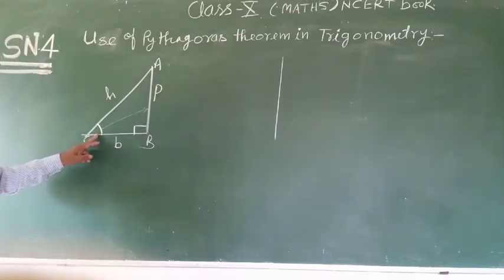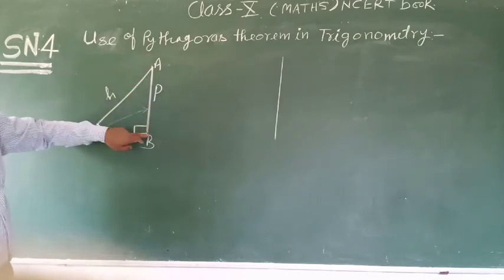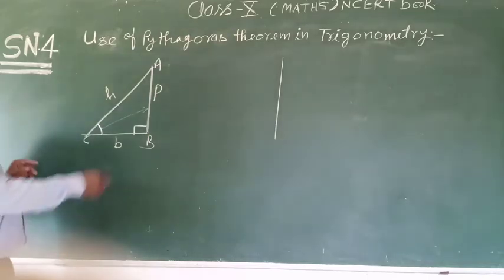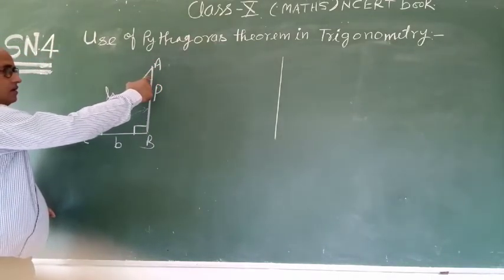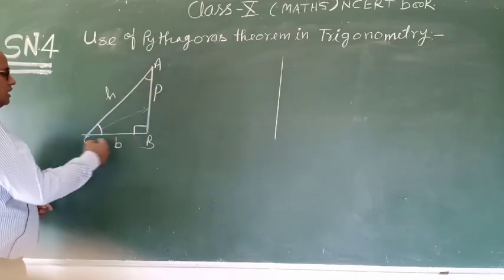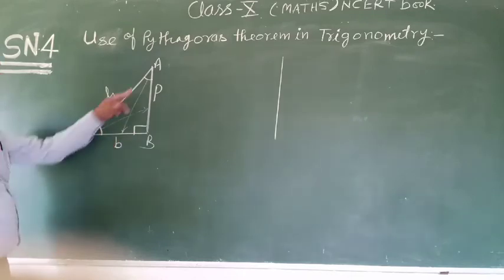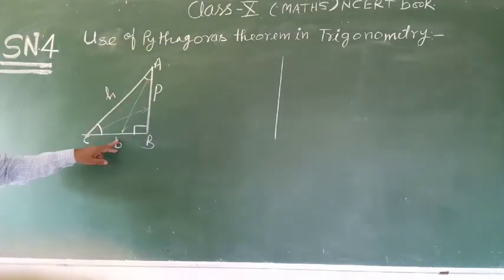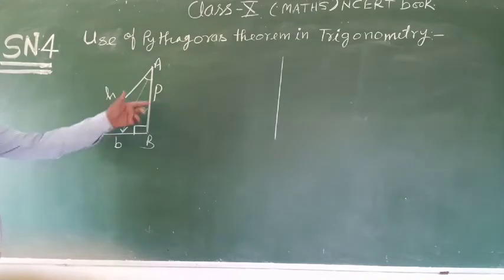When you take angle A, then the perpendicular line will be BC, in front of this angle. So according to this, we solve the problem.